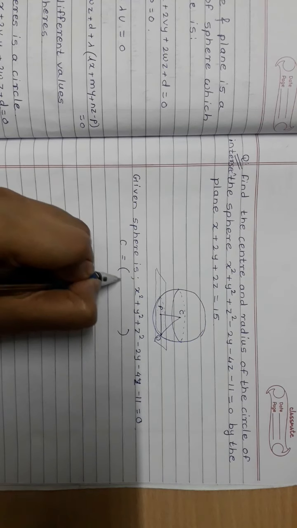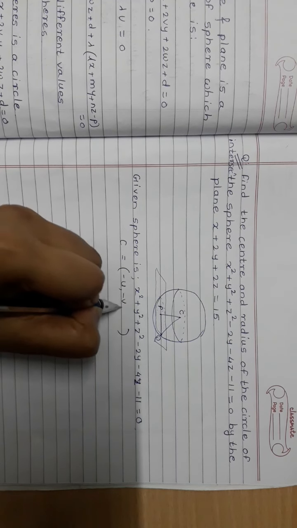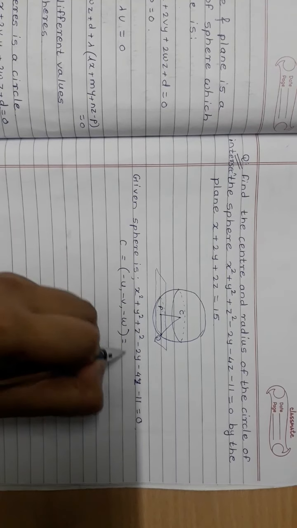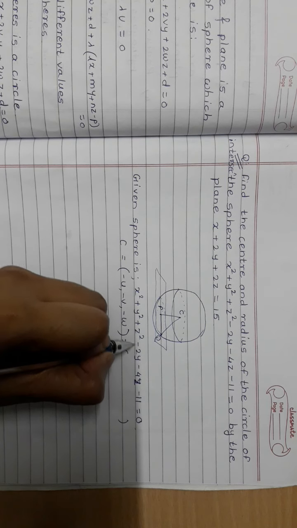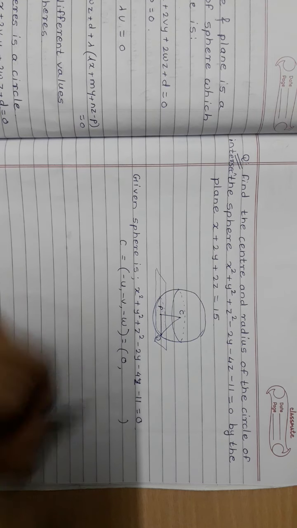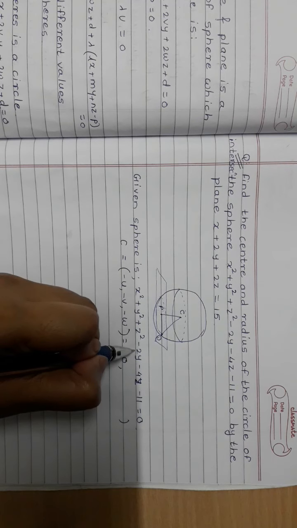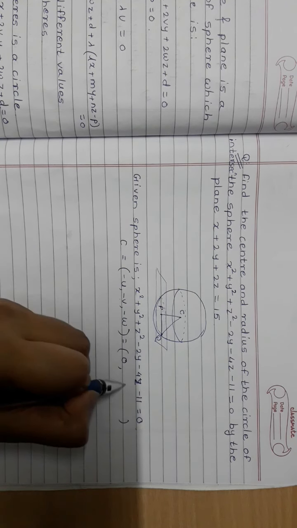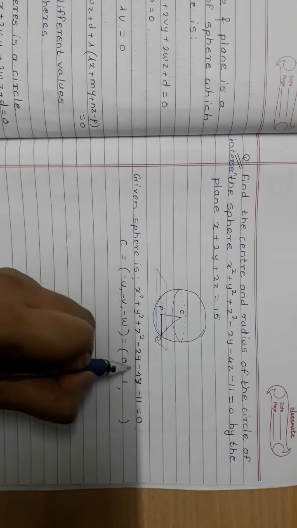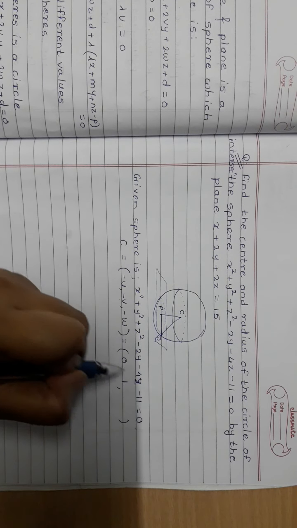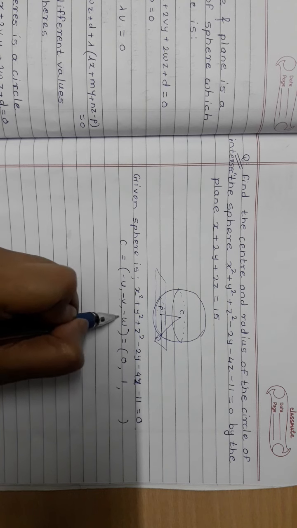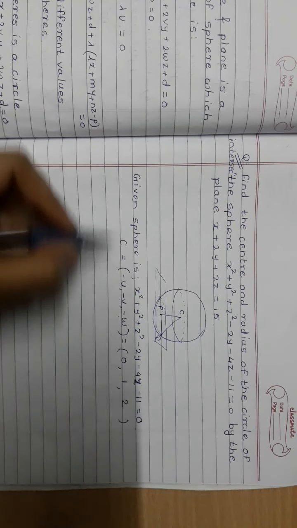Center is minus u, minus v, minus w. Since there is no coefficient of x, u is 0. Coefficient of y divided by 2 is minus 1, and minus of minus is 1. Then coefficient of z divided by 2 is minus 2, and minus of minus is just 2.